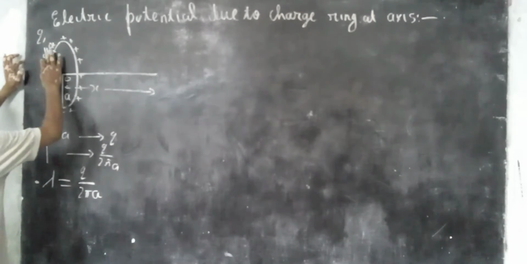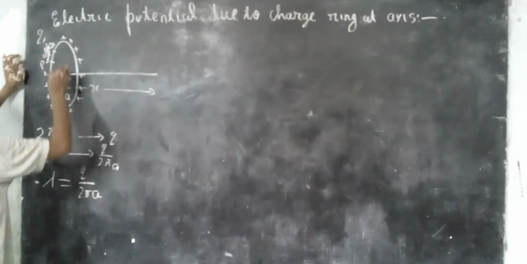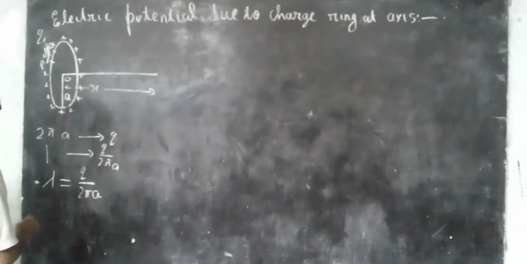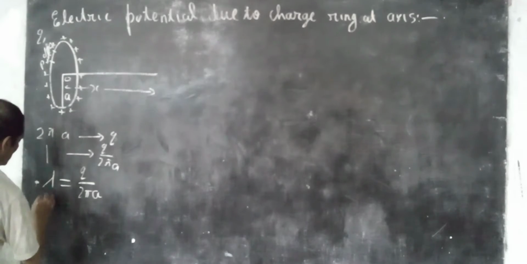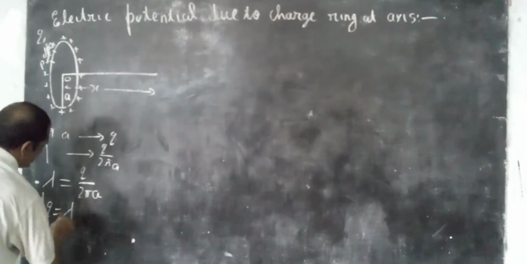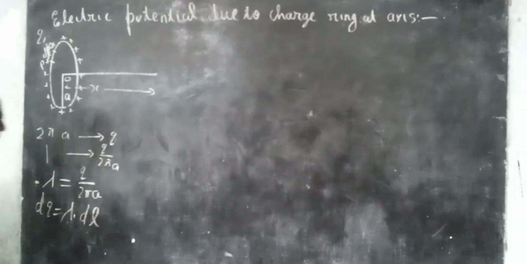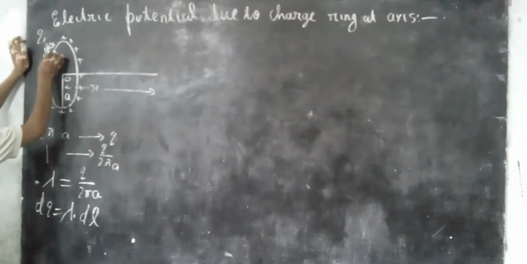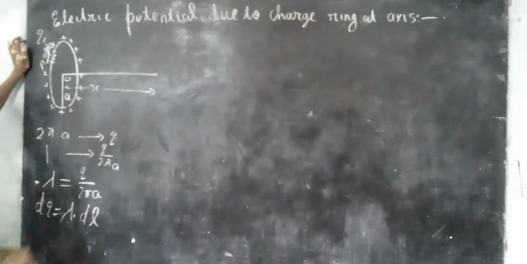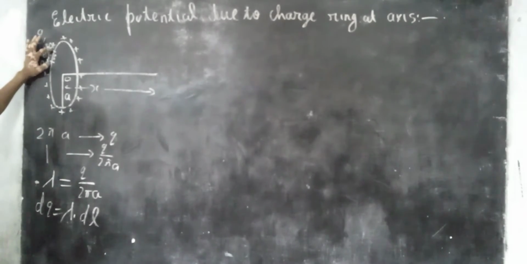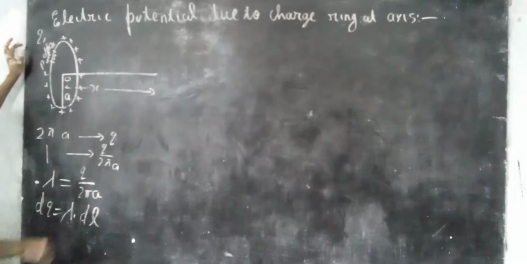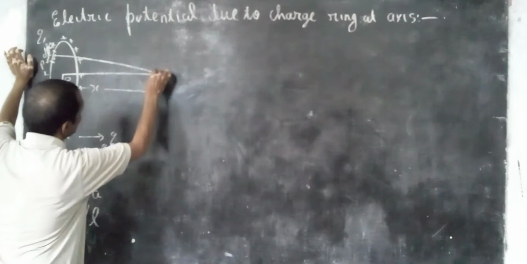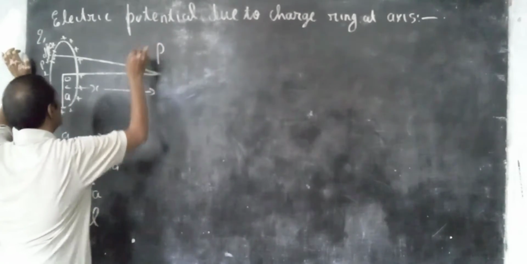So charge over length dl: charge over unit length is lambda, so charge over dl length will be dq is equal to lambda into dl. dl is so small that this charge can be taken as a point charge. So we find potential due to point charge at point P.